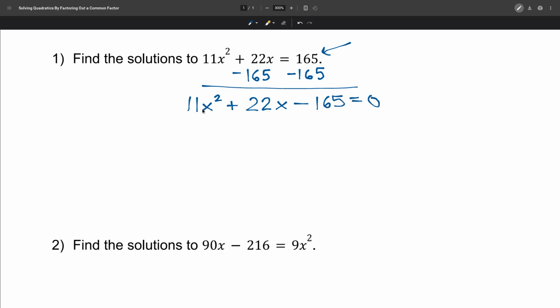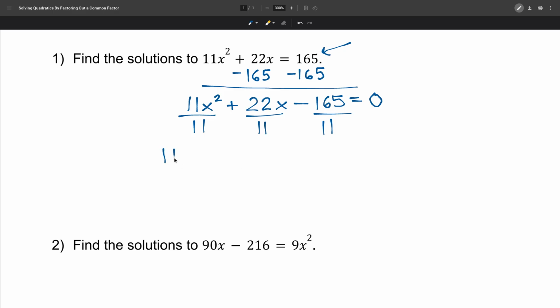I notice I have 11 in front of x squared, and I'm guessing I can divide out an 11 from everything here. So let's do that. Certainly 22 is divisible by 11. If we look at 165, 11 goes into 16 one time, and you're left with 55 over, so 11 goes into 165 15 times.